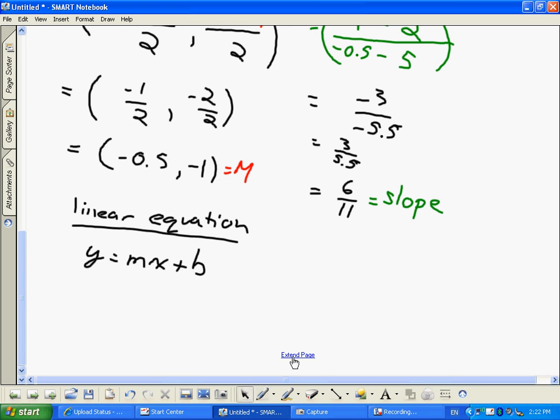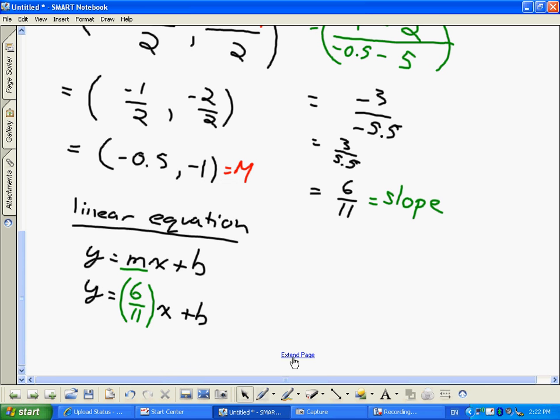We have to remember that. We know that m is our slope. We already solved the slope, so I can substitute that value in. Y equals 6 over 11, that was our slope, x plus b. That's nice, we got a slope.